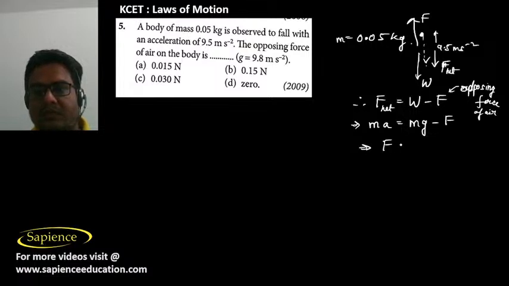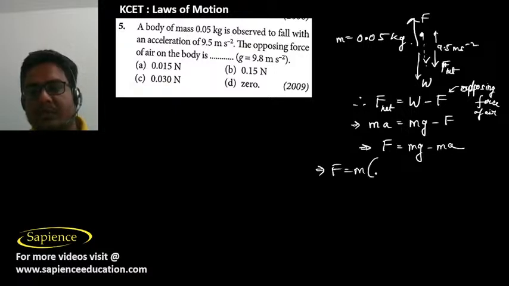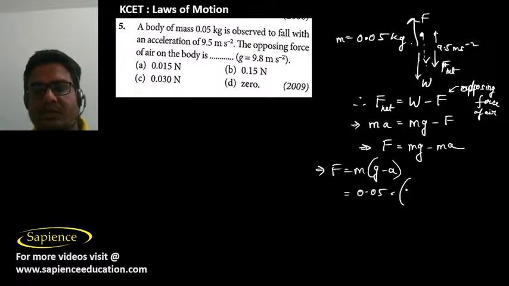So therefore F we can write as mg minus ma, or F is m into g minus a. So mass is 0.05 kg into g, that is 9.8, minus the acceleration, which is 9.5, this much Newton. So that will be 0.05 into 0.3 Newton.